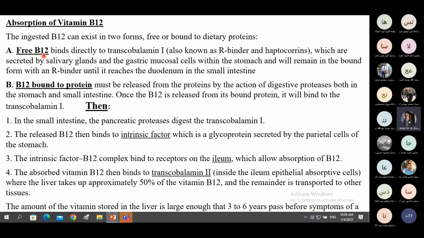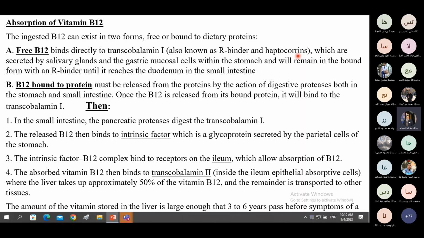The free B12 will bind directly to transcobalamin 1. Transcobalamin 1 is also known as R binder and haptocorrin. So we can call it transcobalamin 1, R binder, or haptocorrin.